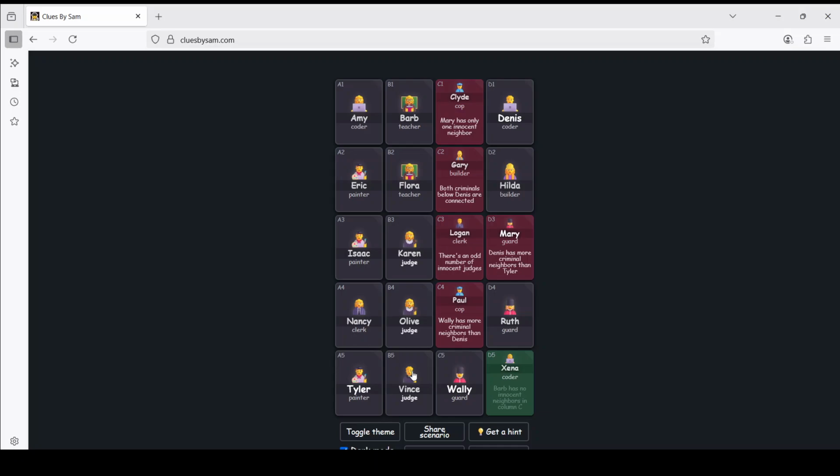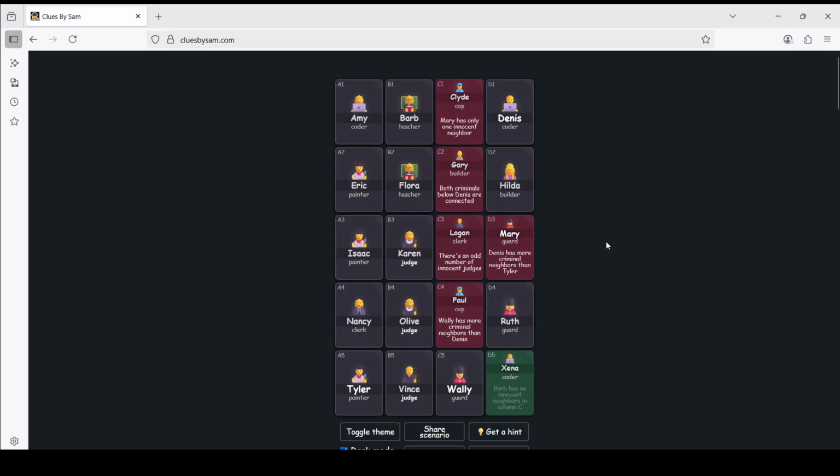And that's not possible because Dennis has to have fewer criminal neighbors than Wally and more than Tyler, and if there are 3 innocent judges, they would be tied. They would both have 2 criminal neighbors. So we do now know that there can only be a single innocent judge. So that is important, though. Let's look at the other clues before we see if we can circle back to that.